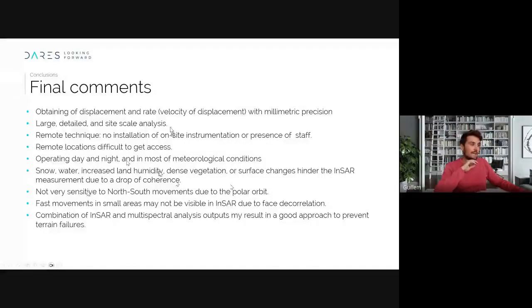And it's not very sensitive to north-south movements. As we saw before, we are getting images in ascending orbit. InSAR is looking to the east, so it's sensitive to east-west movements, and in the ascending orbit it's looking to the west, so again it is very sensitive to the line of sight, so to east-west movements, but to north-south movements it's not very sensitive.